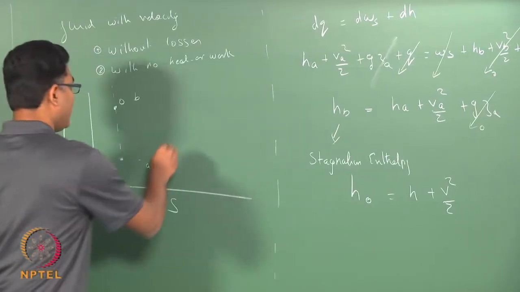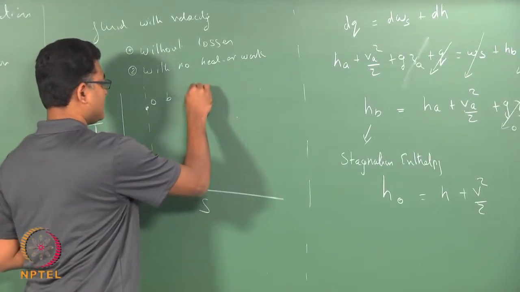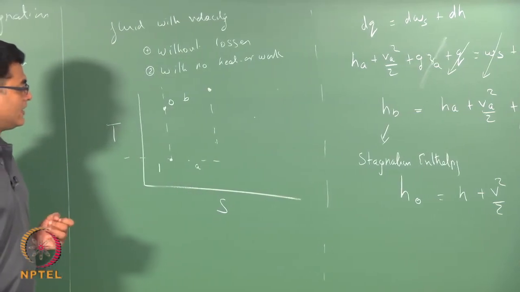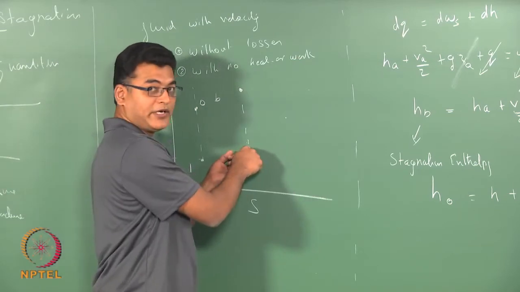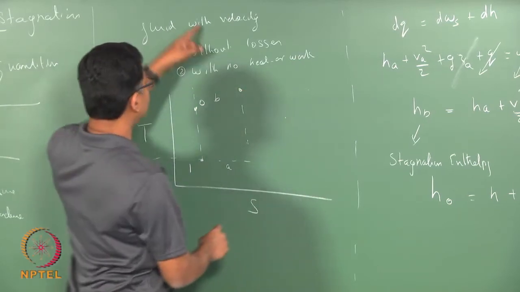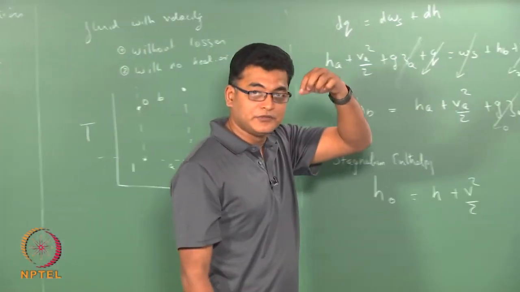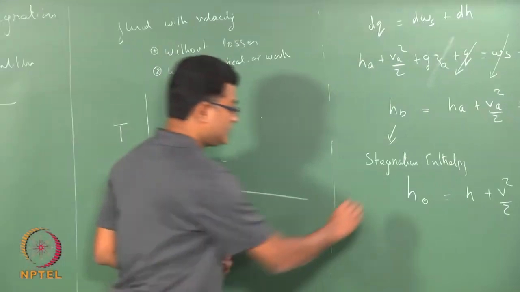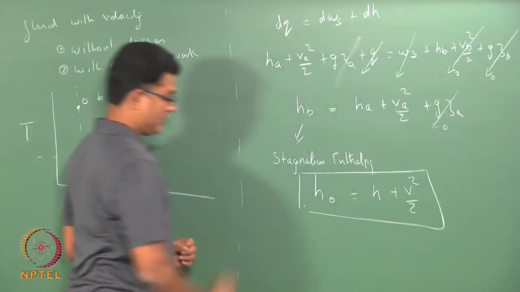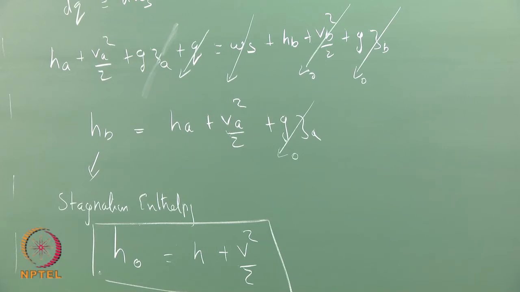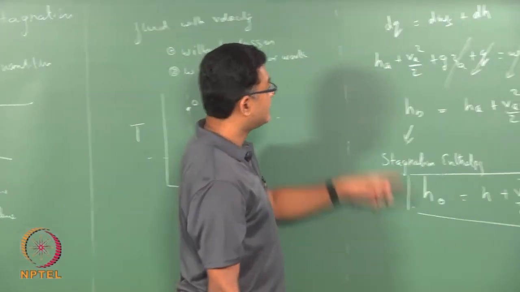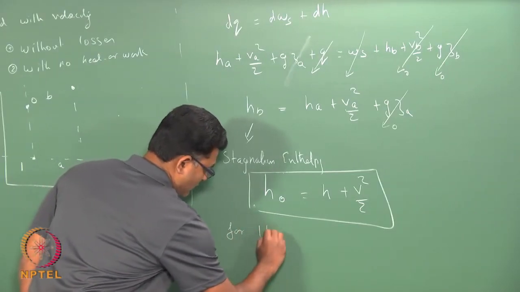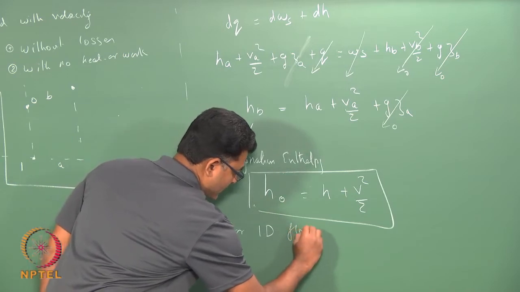Any point here is brought to rest at some point here as the stagnation point. So, associated with any point there is a stagnation point if I do this process: I bring the velocity back to 0 isentropically. So, this is my stagnation enthalpy.